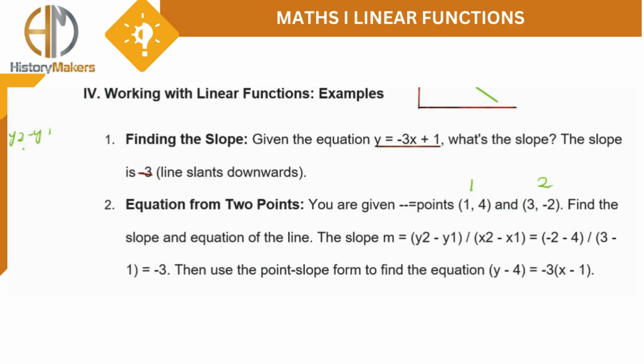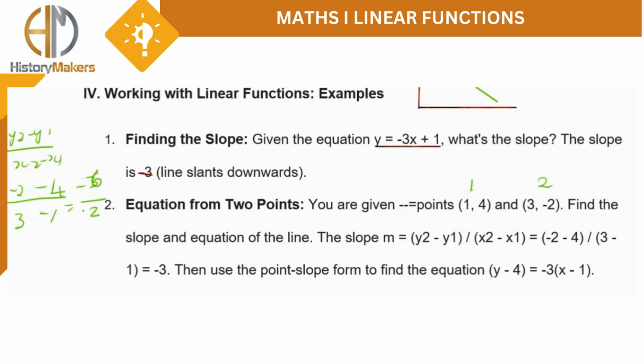y2 minus y1 over x2 minus x1. So where there's y, you put -2, and then you put -1. Where there's x, you put 3, and you put 1. The up one becomes -3, and this one becomes 2. So this is 4, pardon me.